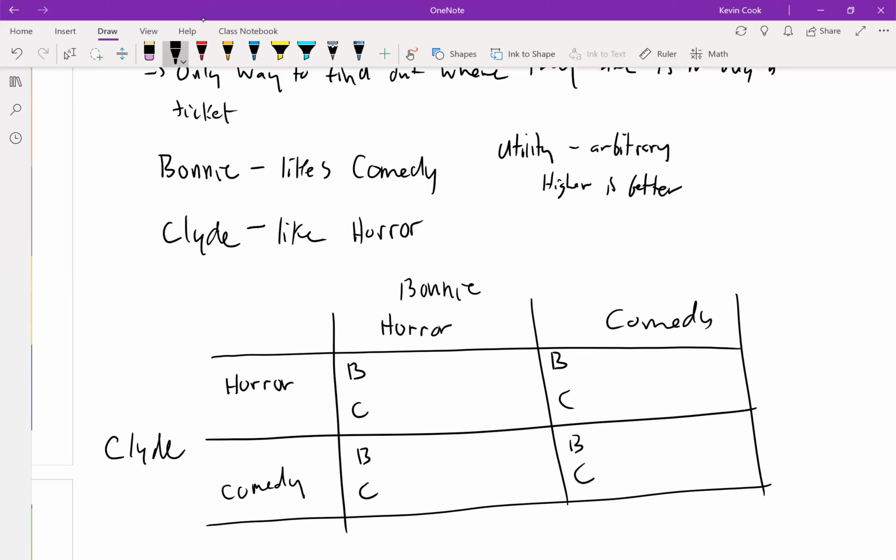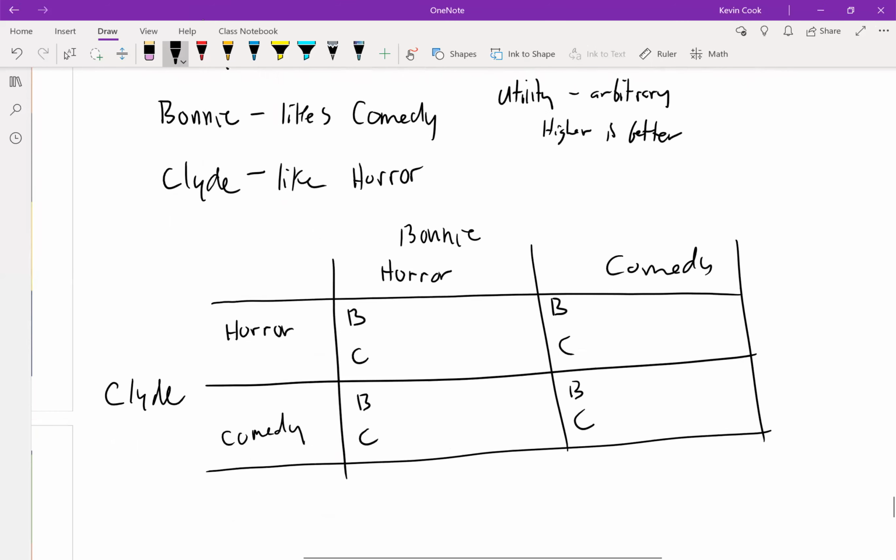I want fewer years in prison. When I'm talking about money, I want more money. In this case, the higher the utility, the better. And our ultimate goal is to wind up together. I would rather see a movie I don't care for with my friend than see a movie by myself.